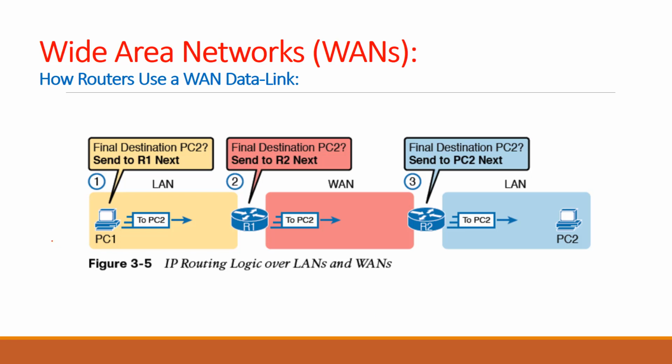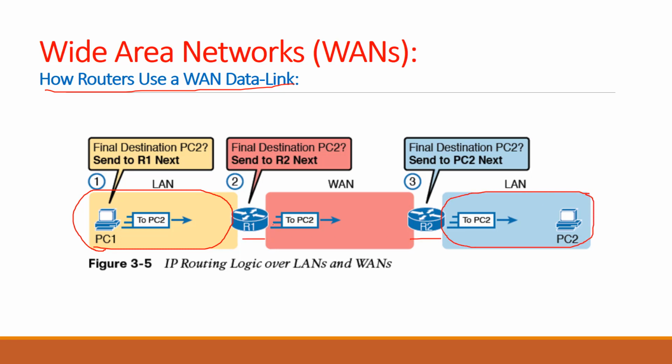So let's discuss here how routers use a WAN data link from the router's perspective. Let's assume we have here LAN 1 and we have here LAN 2. Each LAN is connected to a router, and the routers are connected through a WAN leased line link, and PC1 needs to communicate to PC2.